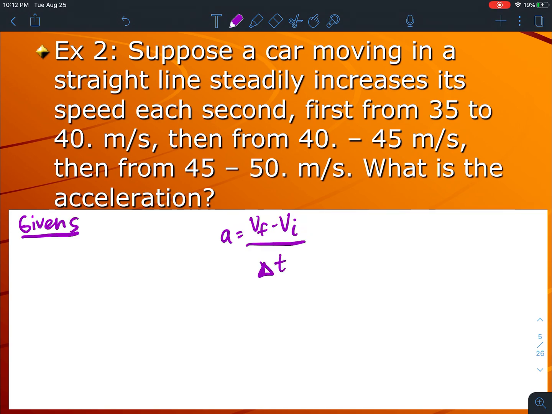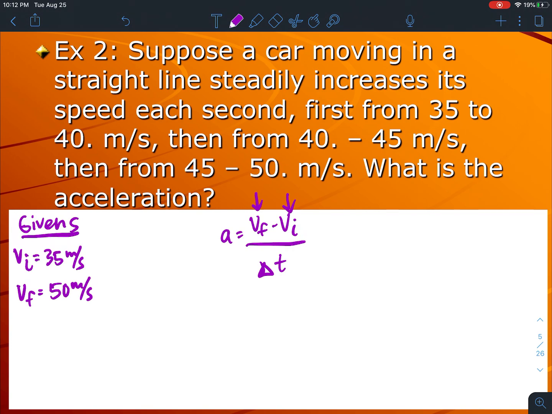So for our acceleration equation, we have a final velocity and an initial velocity, and that's it. There's nothing in between. So when we write down our givens, we're just going to write down the initial, which was 35, and the final, which was 50, and we're going to ignore the rest of those numbers. Okay?